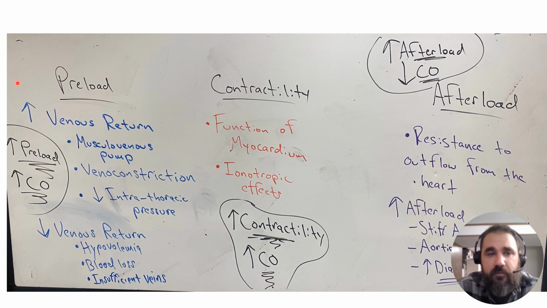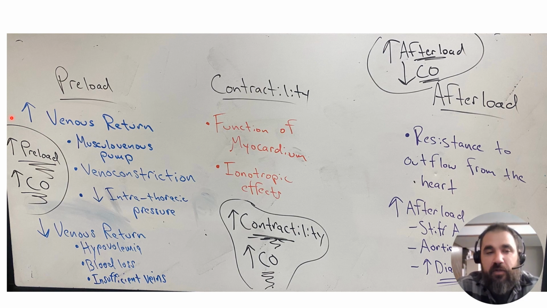Well, if the blood doesn't come back to the heart from the venous return, we can't increase our stroke volume. If we're hypovolemic, or we have venodilation, or whatever the case may be, and we can't get blood back to the heart, well, guess what? You can't eject it from the heart if it doesn't get to the heart.